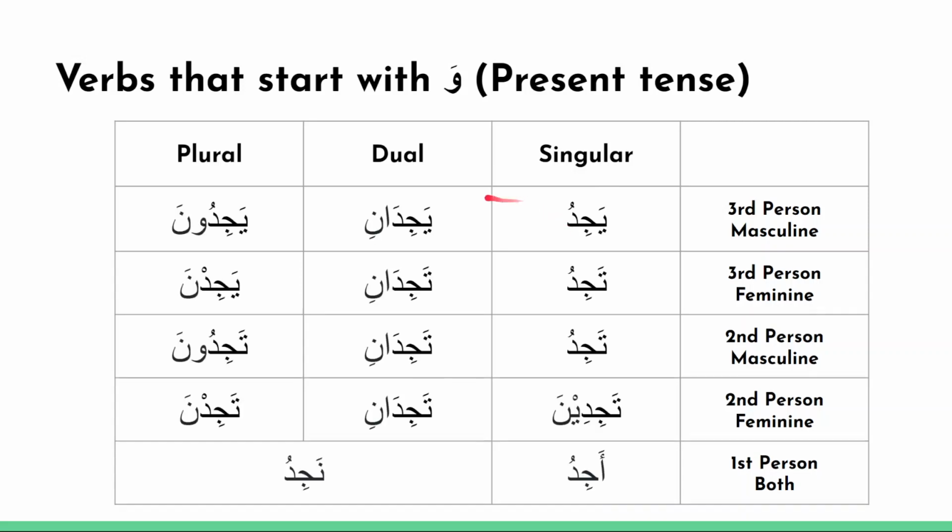So we have yajidu, yajidani, yajiduna, tajidu, tajidani, yajidna, tajidu, tajidani, tajiduna, tajidina, tajidani, tajidna, ajidu, najidu. You'll notice in all of these cases, the waw has dropped. So we'll go through this table and repeat it until you can recognize each of these different forms. If you see something like ajidu, you should realize that that is the first person singular form. That means I find.